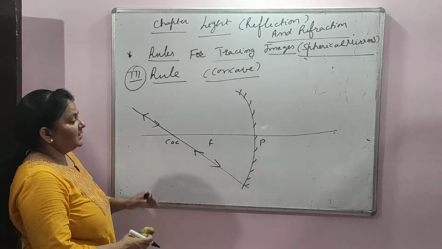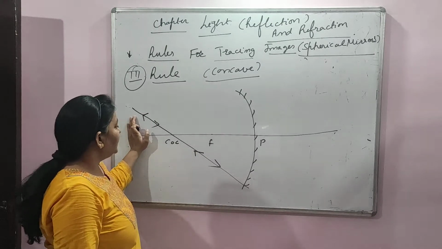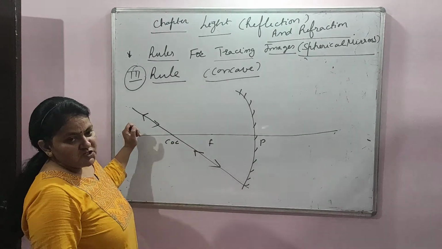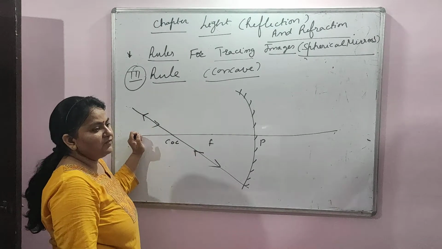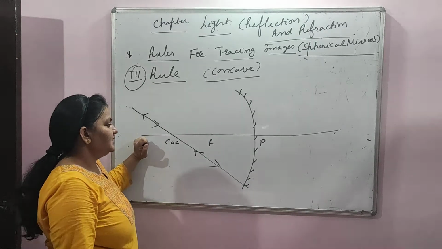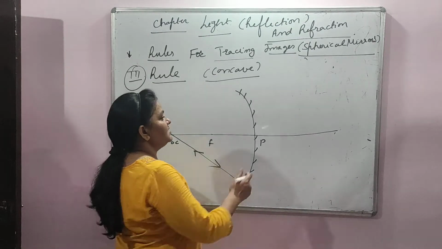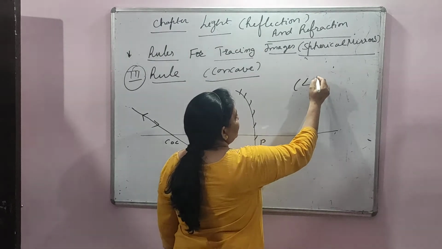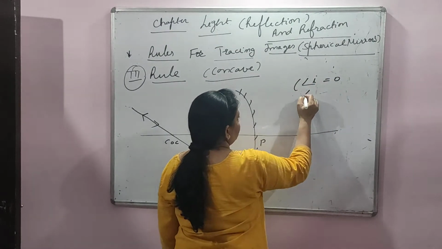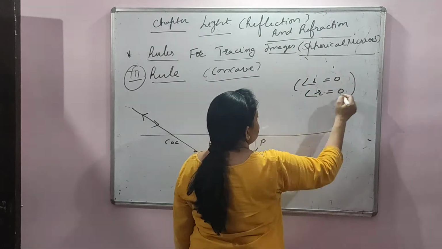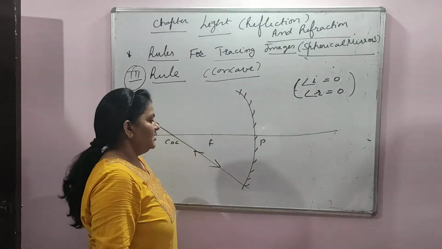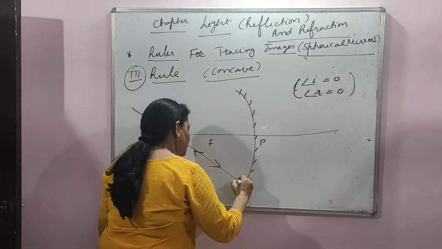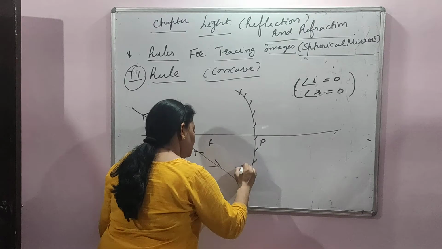Now here it can come in an exam that any incident ray which is passing through center of curvature is retracing its path. The reason for this is here angle of incidence is 0. So therefore angle of reflection will also be 0.